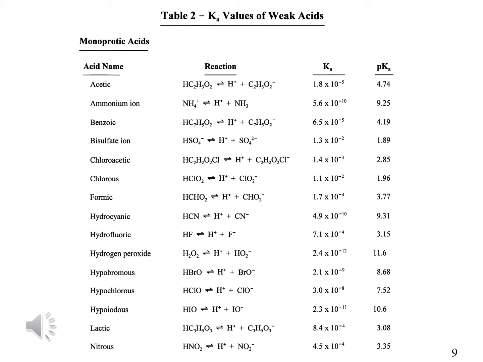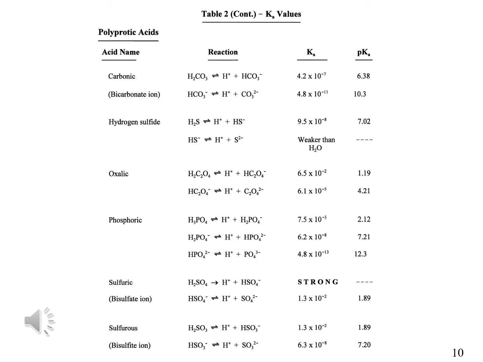But there's a difference because the range is not as large. You can find Ka values that are 10 to the minus 12 for hydrogen peroxide on this page. There's even one on page 10 for the last step of phosphoric that's 10 to the minus 13, but you'll never get a Ka value in water that is less than 1 times 10 to the minus 14.